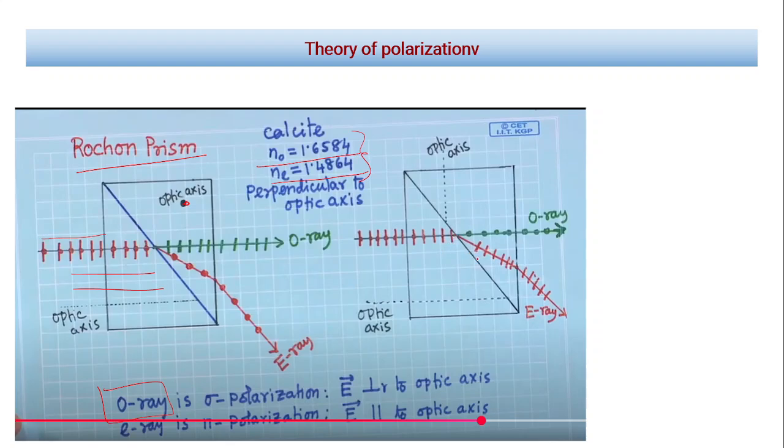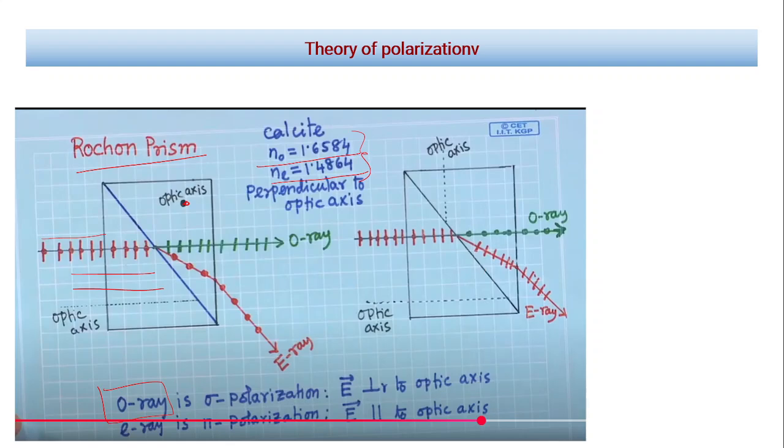Only when it encounters the other part of this prism, where the optics axis is now perpendicular to the direction of incident light, the O ray, whose velocity is less, will slow down, and the E ray, whose velocity is more, will go ahead, so that's why they split up.